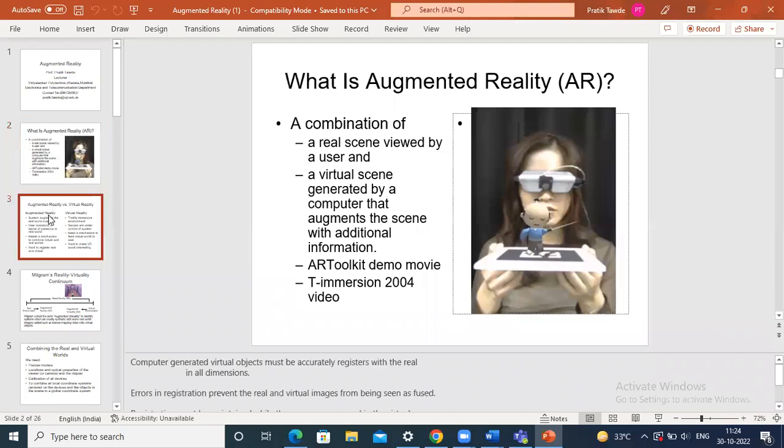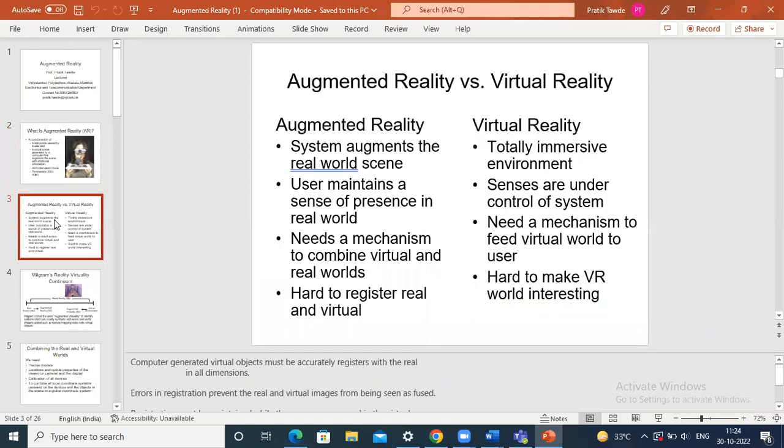Now let's understand the difference between AR and VR, augmented reality versus virtual reality. When I talk about augmented reality, basically a system augments the real world scene. The user maintains a sense of presence in the real world. It also needs a mechanism to combine virtual and real worlds. And finally, it is hard to register real and virtual.